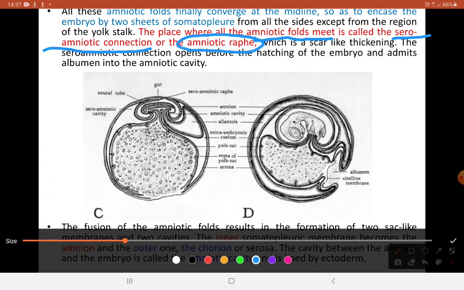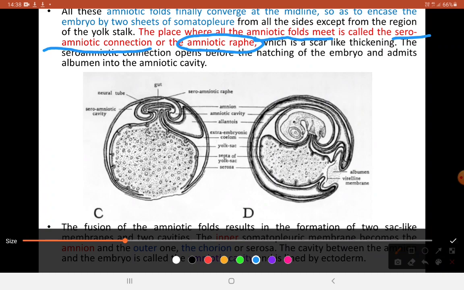Now what is an amniotic raphe? It is a place where all these amniotic folds, cephalic fold, the lateral fold and the tail fold, converge at this point, forming a scar-like thickening, which is called amniotic raphe.